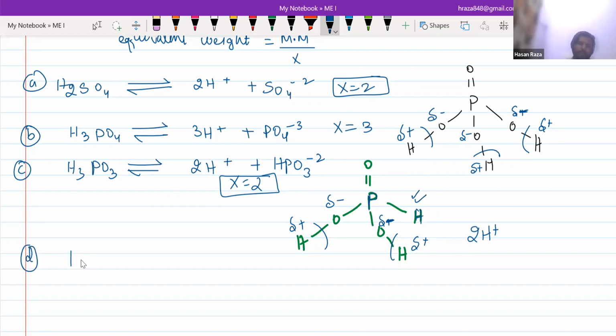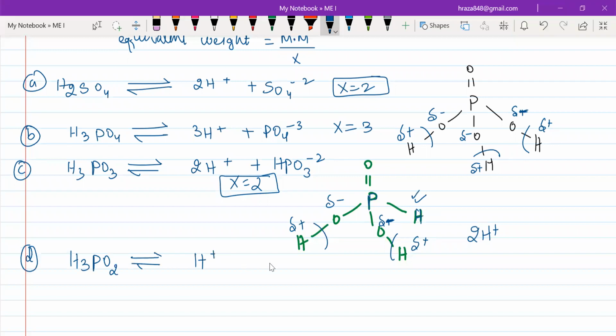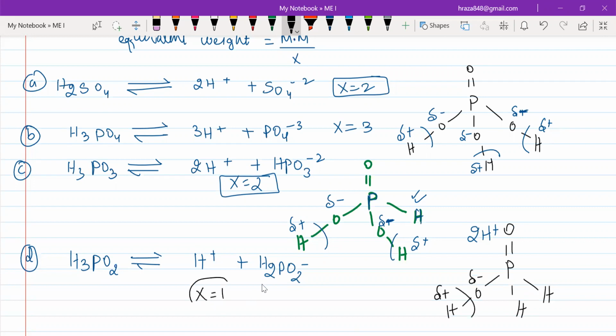And for D, we have H3PO2, which will give you only one H plus. Only one H plus. We can also explain with the help of the structure. It has only one OH bond, which is polar. So there will be delta negative and delta positive, and this can be dissociated. So x here will be equal to 1. Is that clear? Yes, sir.